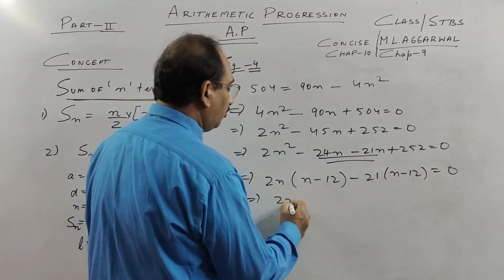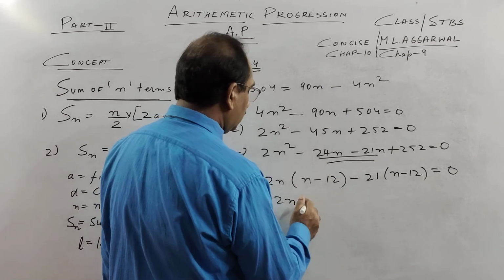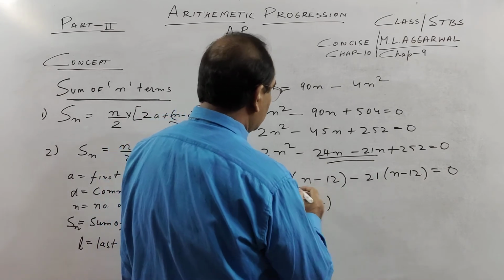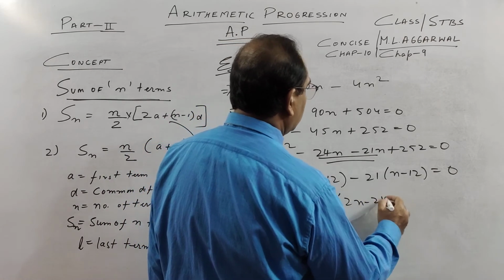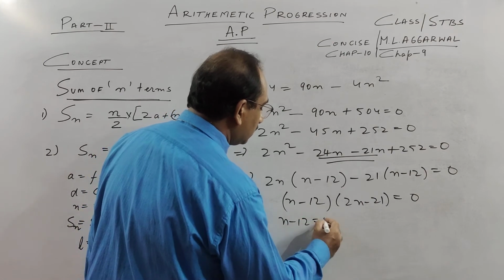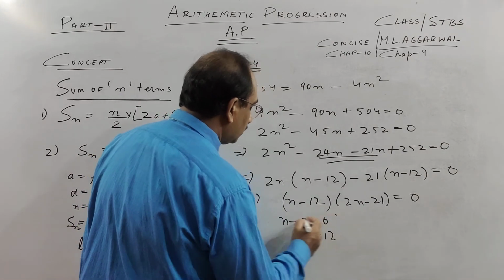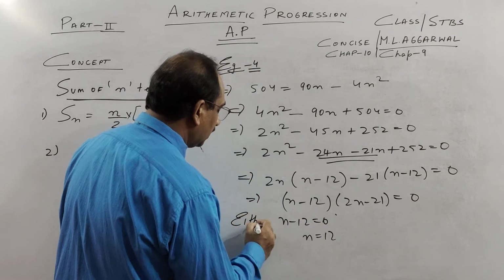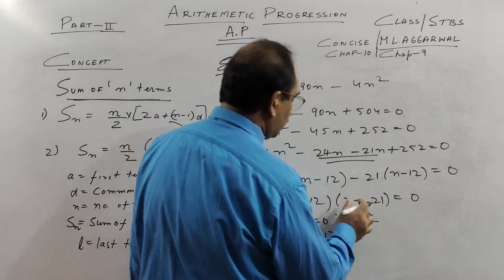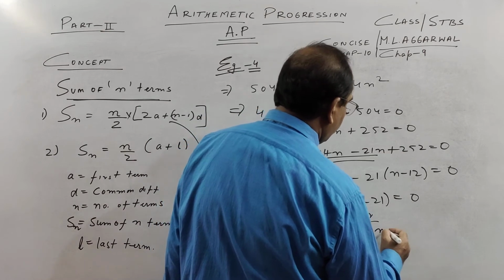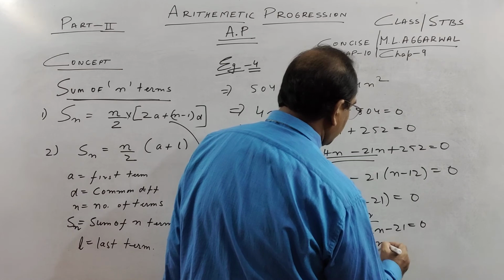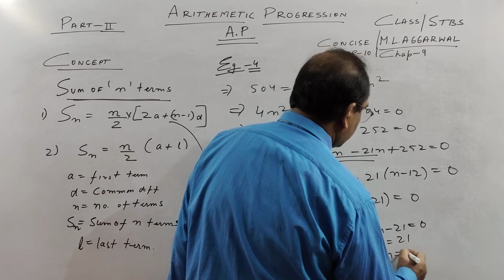So finally, n minus 12 you take out, and we are left with 2n minus 21. The product of two things is 0, so either this is 0, which means n is 12, or this will be 0. This I have done with you in the quadratic equations chapter also. So n is 21 by 2.